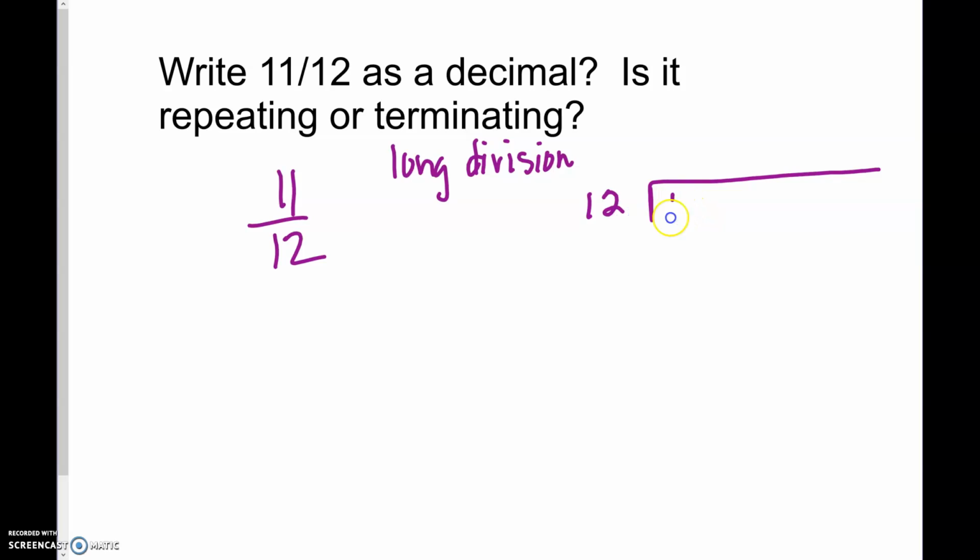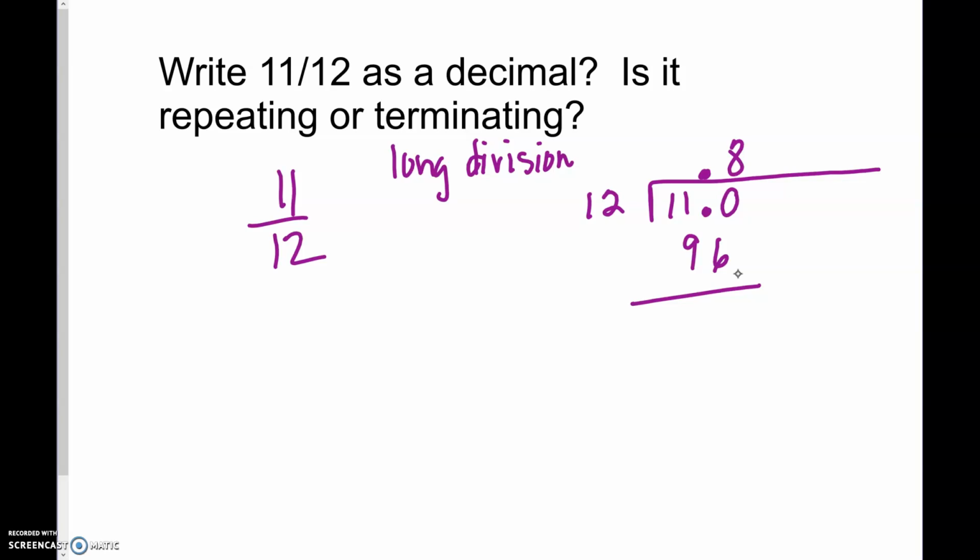12 goes on the outside, 11 goes on the inside. 12 does not go into 11, so how many times does it go into 110? Let's see, 12 times 8 is 96. So what is 110 minus 96?